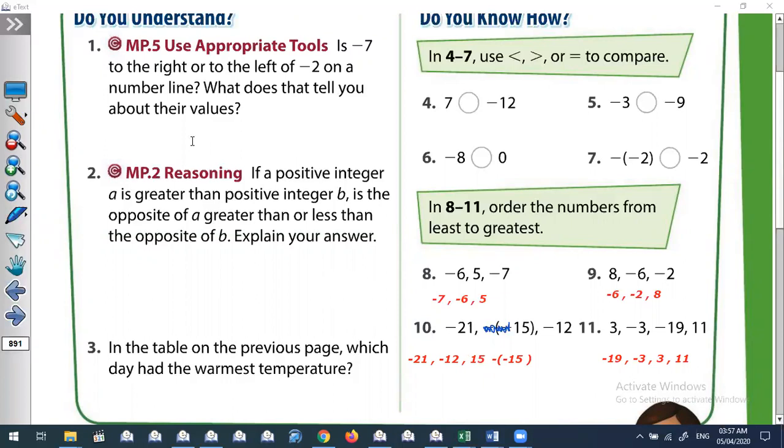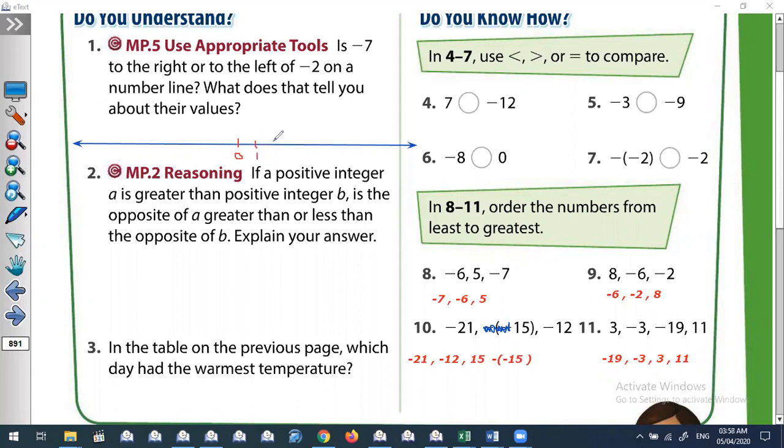The next one is: is negative 7 to the right or to the left of negative 2 on the number line? What does that tell you about their values? First, let's draw the number line. It's a line and we are going to write the numbers on it. Like that. 0 is the middle.